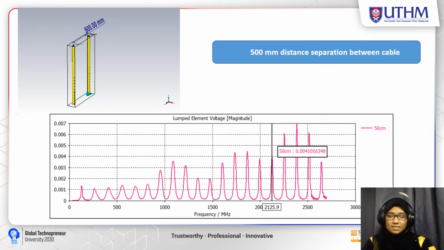And lastly, for 0.5 meter distance separation between cables, the induced voltage is 0.004 volt.